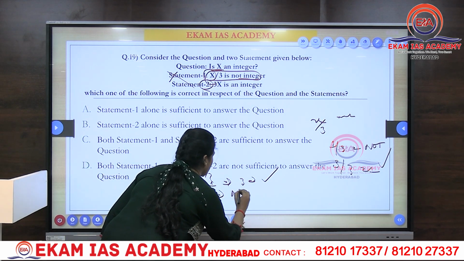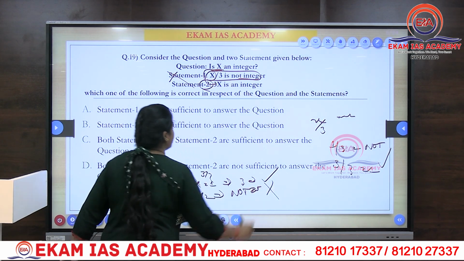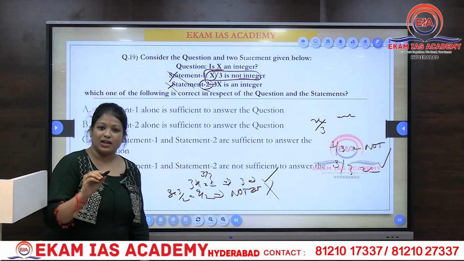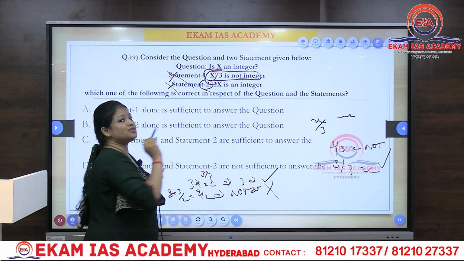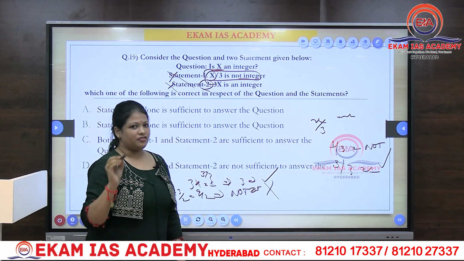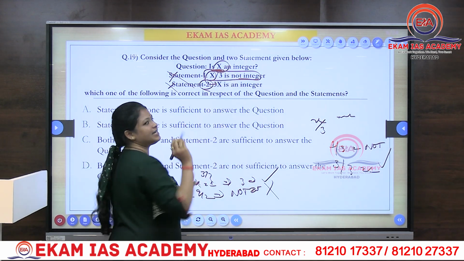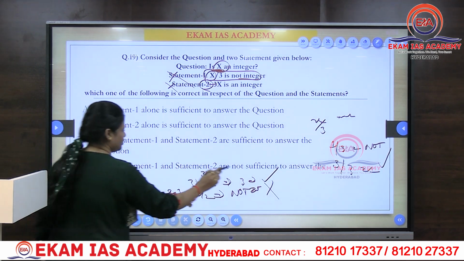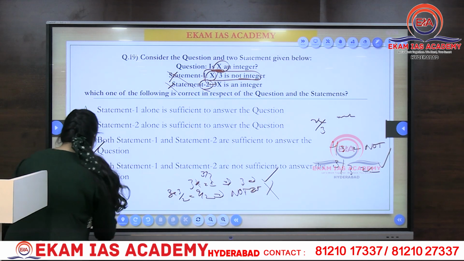It is not an integer. The second statement is also contradicting itself for different values of x. So these two statements are not sufficient to come to the conclusion whether x is an integer or not. So we will go with the answer not sufficient. Yes, D. Okay. Moving on to the next question.